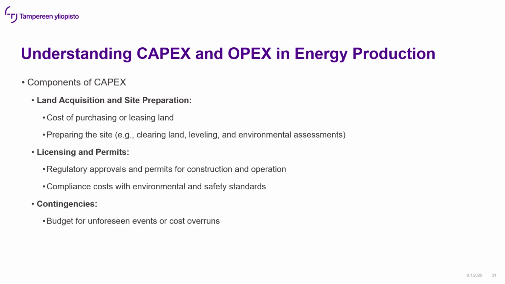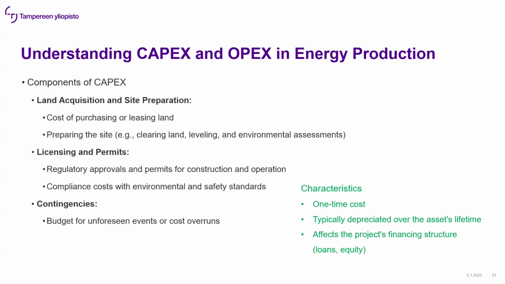Licensing and permits, contingencies. So there are some uncertainties, unforeseen events, cost overruns. Usually it's cost overruns rather than vice versa. So you have to have a reserve for that. So characteristics of this CapEx: one-time cost, typically depreciated over the asset's lifetime.